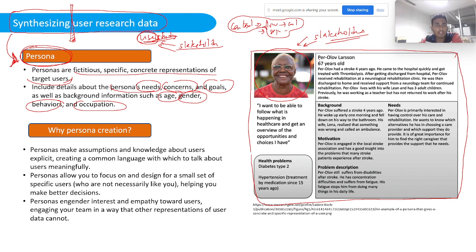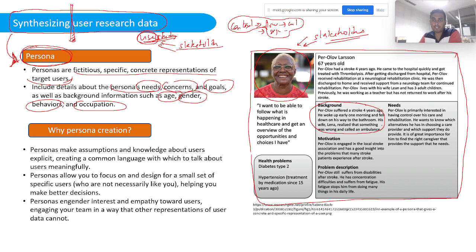What we include in a persona is a person's face, which helps us understand the race or ethnicity, age, and gender of the person. Then we also discuss their background, which is a common understanding of the particular user profile.